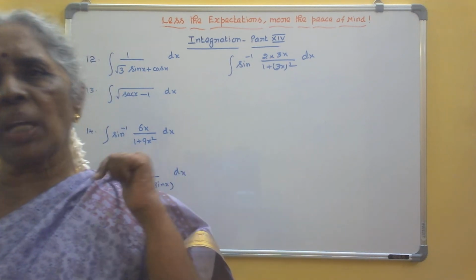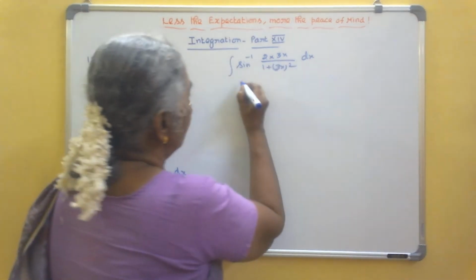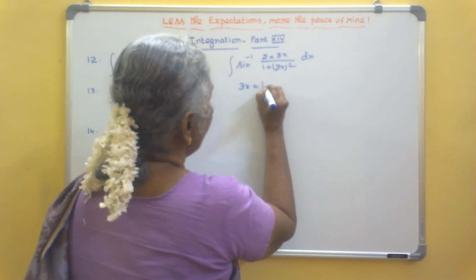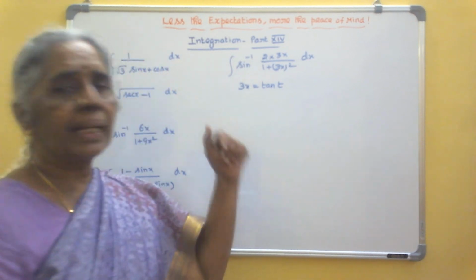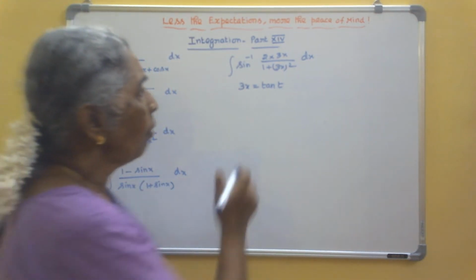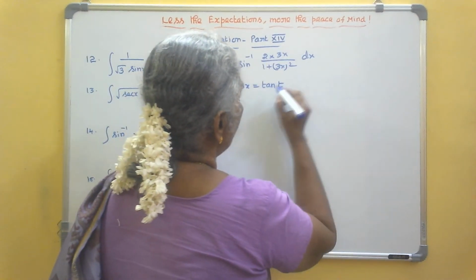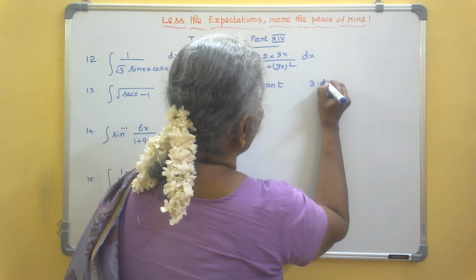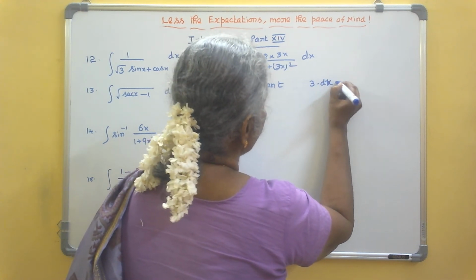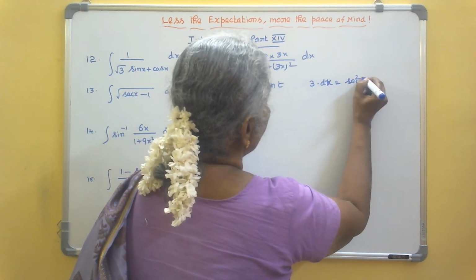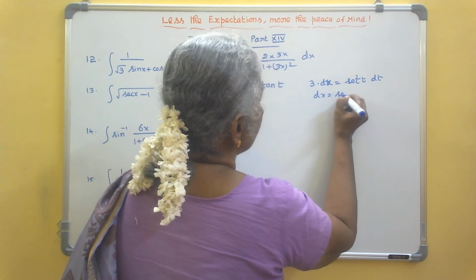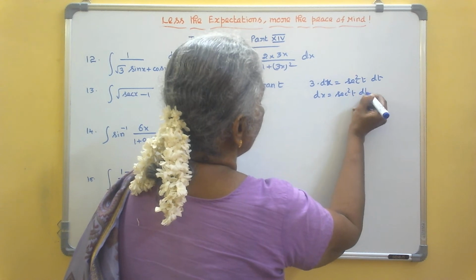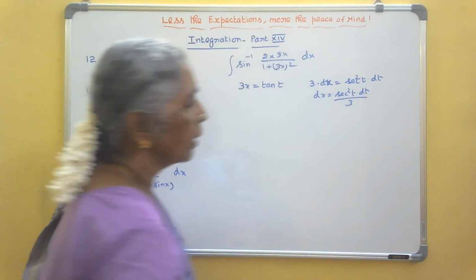Sin inverse of sin 2 theta. So now I am going to write 3x is equal to some t or theta, whatever. 3x is tan t. So when I differentiate, I will be getting 3 dx that is equal to secant squared t dt, or dx will be secant squared t dt by 3.